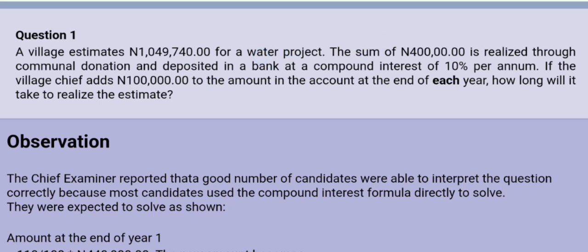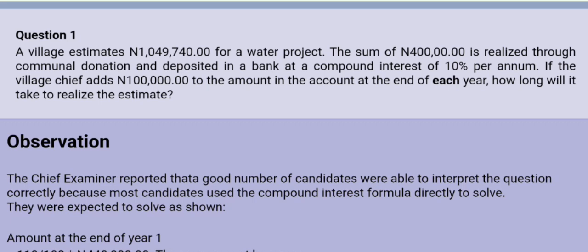The sum of 400,000, there's a mistake there, 400,000 is realized through communal donation and deposited in a bank at a compound interest of 10% per annum. So that's the rate. If the village chief adds 100,000 to the amount in the account at the end of each year, how long will it take to realize the estimate?